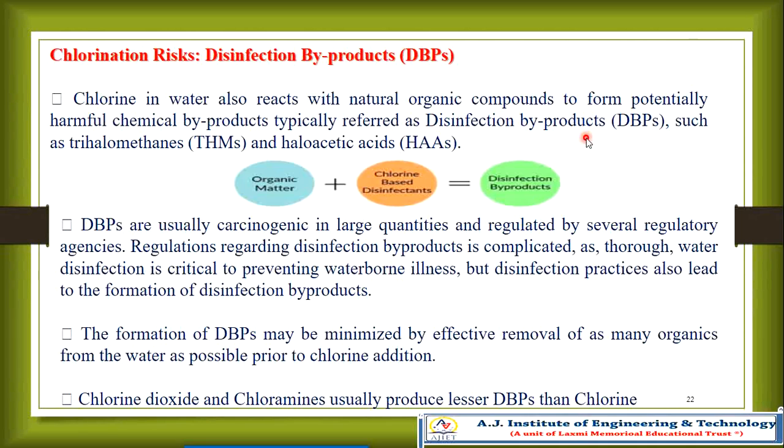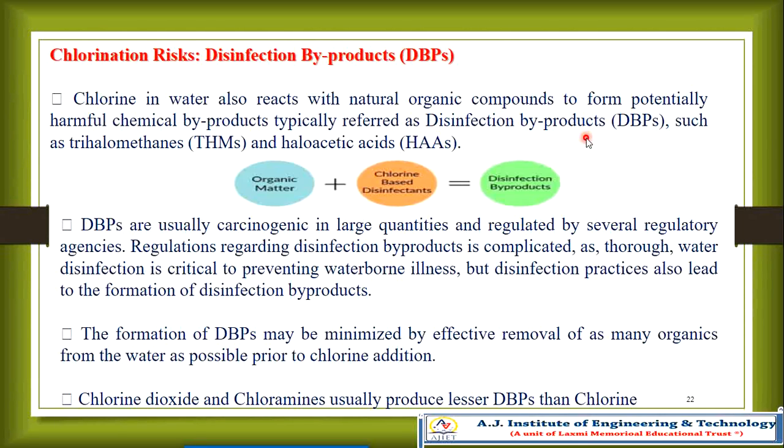How is it possible? The formation of DBPs may be minimized. How are DBPs formed? Already I told you, DBPs are formed only due to natural organic compounds present in the water. Only then will disinfection byproducts be produced. That is carcinogenic.